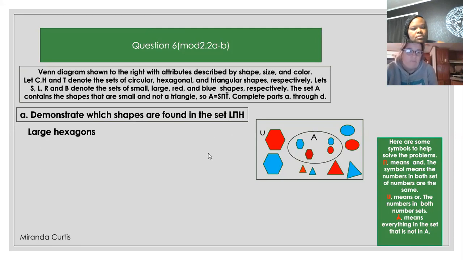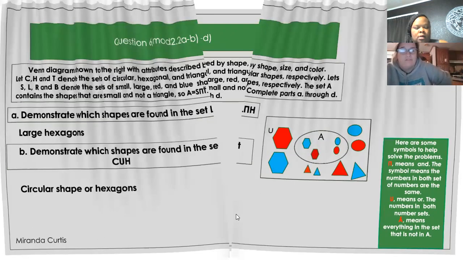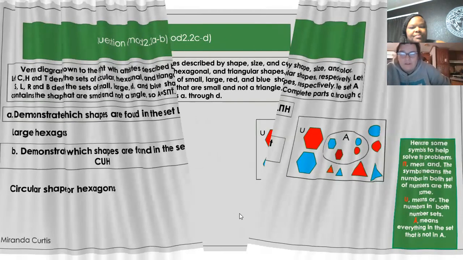So then we have B. Demonstrate which shapes are found in the set C, and we look at the U over here, it means or. So we have circular or hexagon. Okay. I love when it didn't light up. That's okay. I love when we have shapes instead of letters.